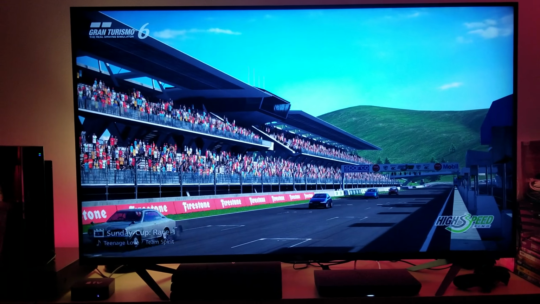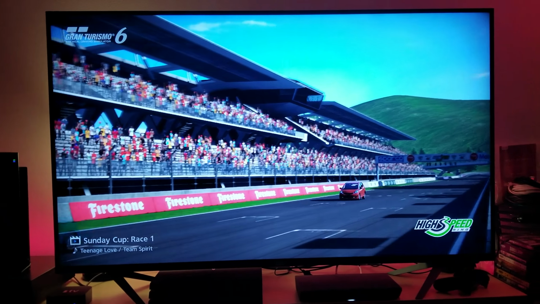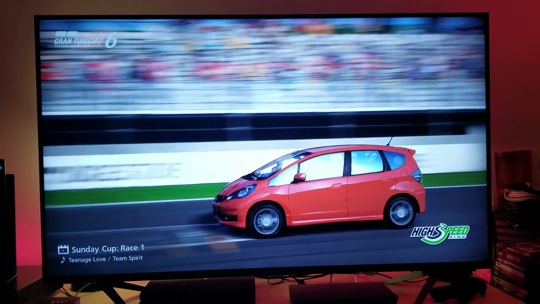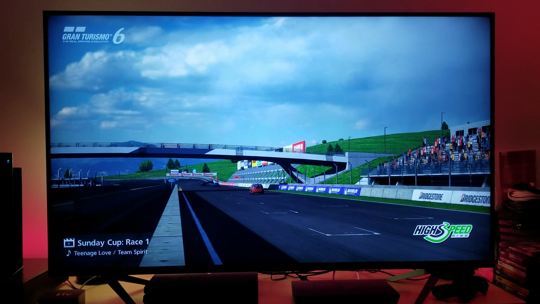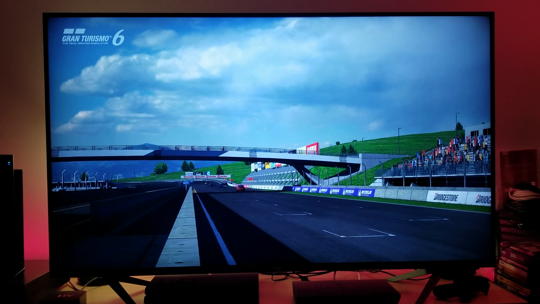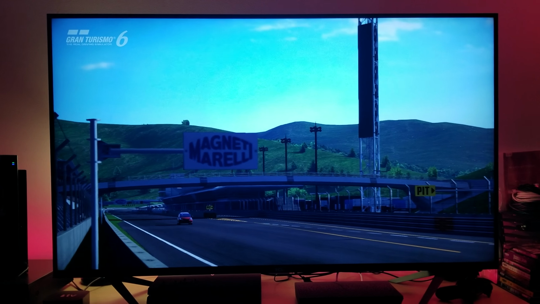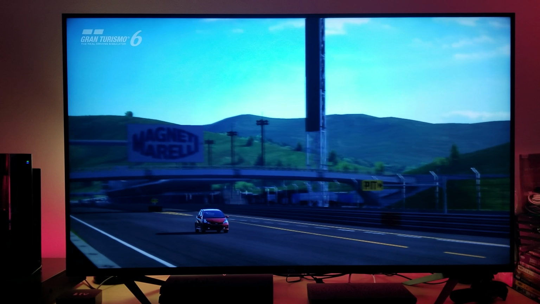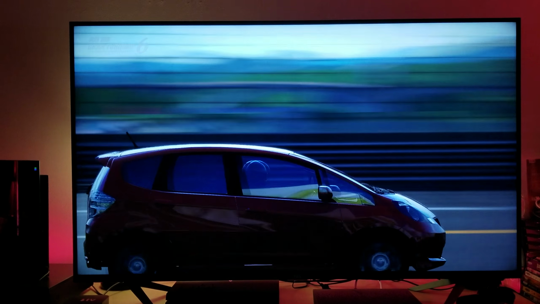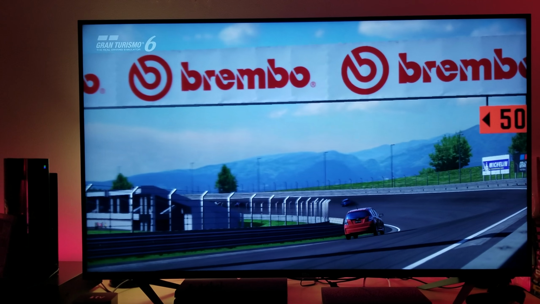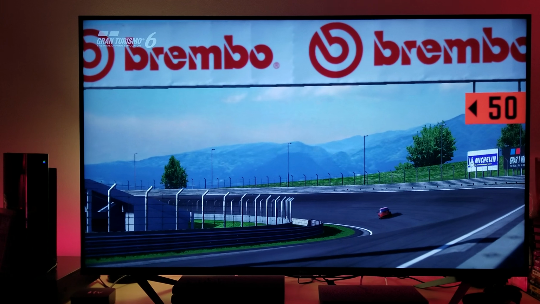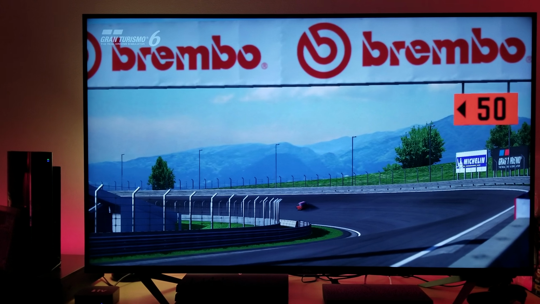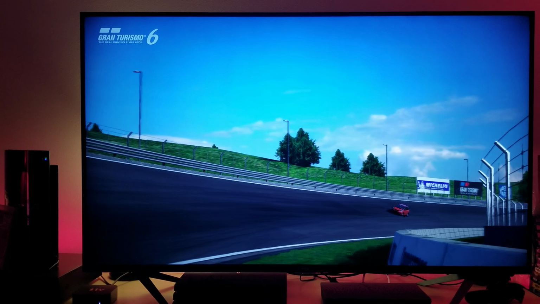So here, I want to look at the replay one more time. And like I said, remember how I always used to say, this is why it's important to have a really good source resolution. And here we are on PlayStation 3, Gran Turismo 6, running on a 1080p source resolution, native 1080p.